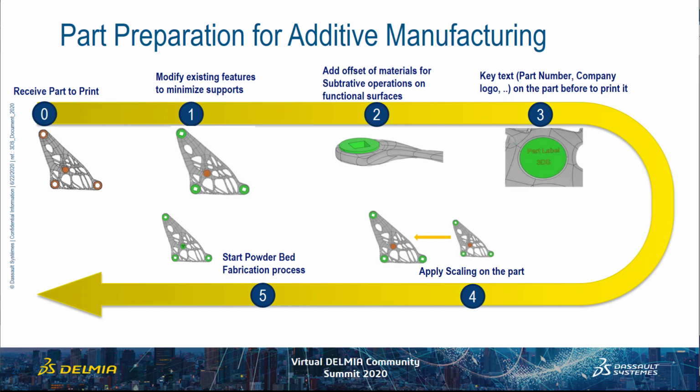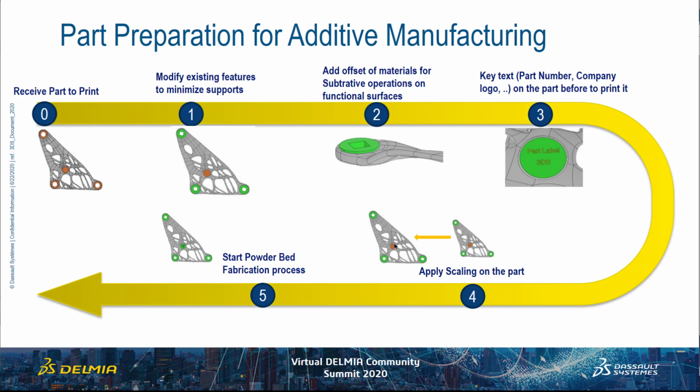Part preparation for additive manufacturing is a new role that has been added. What this allows the additive engineer to do is simply prepare the part for additive manufacturing. He would receive the design part. He might want to cap the holes, as you can see here. He might want to raise the boss because it's going to get machined eventually. He might want to add a label or a logo or a part number on the part.